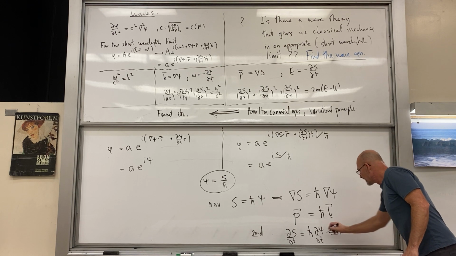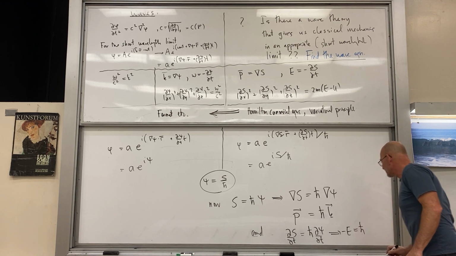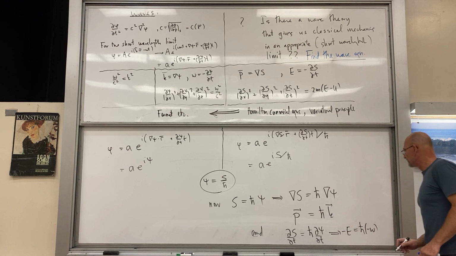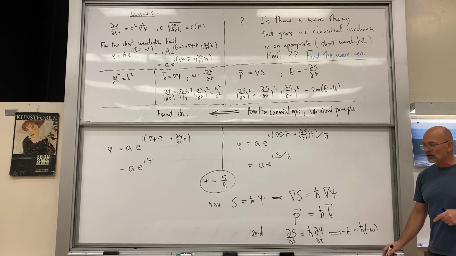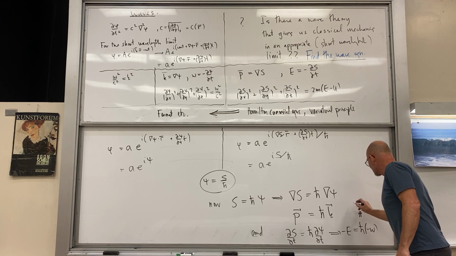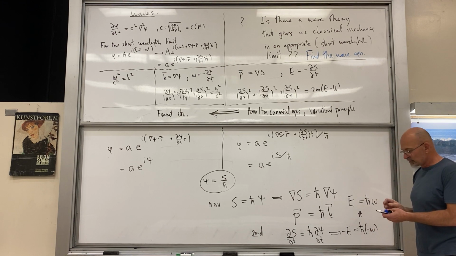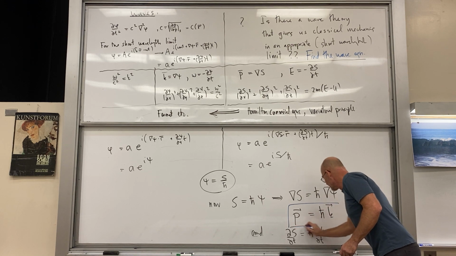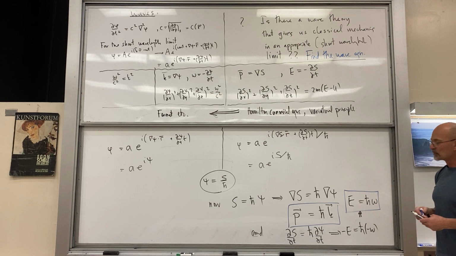That gives us minus E is equal to h bar times partial c partial t, which was minus omega. So the other de Broglie relation we get is E equals h bar omega. I'll put that right up here. You guys can make it nicer in your notes, but we have E equals h bar omega. So those are the two de Broglie relations. I'll go ahead and put them in the box. Maybe we'll showcase them again.